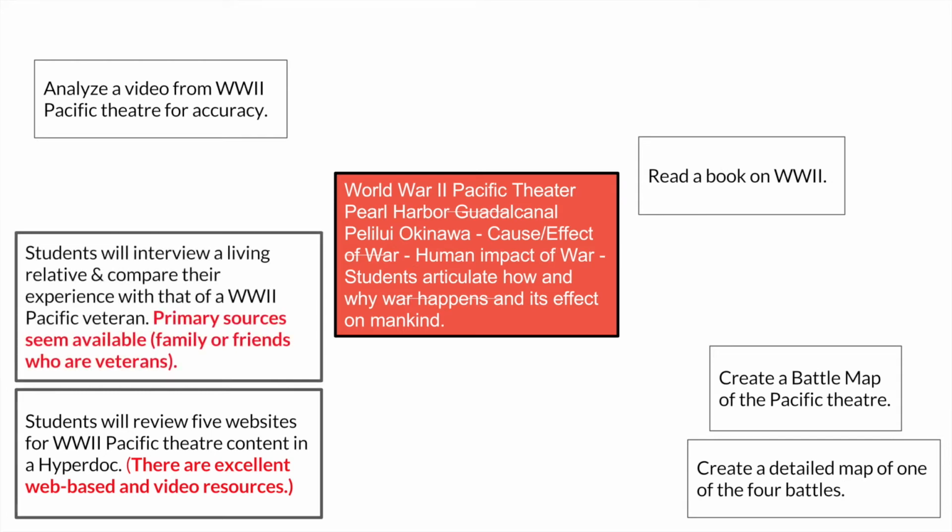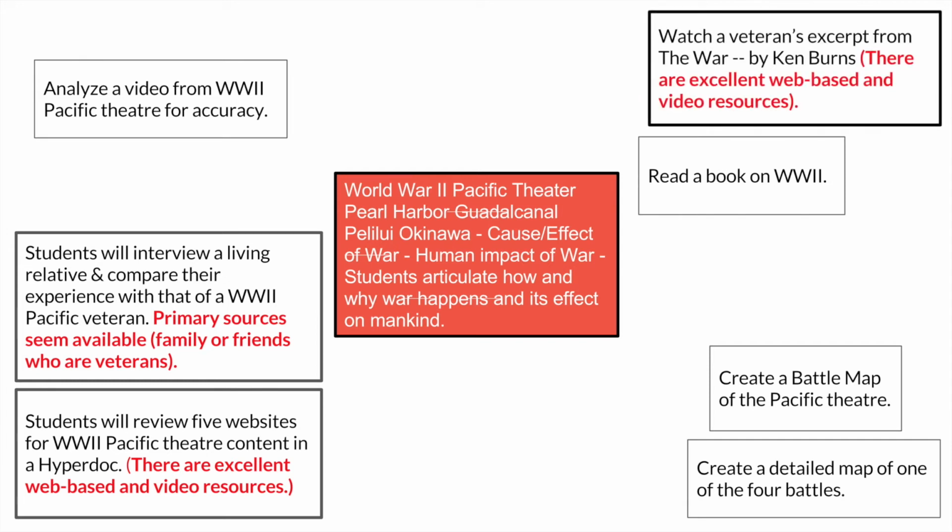Students will interview a living veteran, preferably a relative or friend, and compare experiences with those of a World War II Pacific Theater veteran they will learn about in Excerpts from the War, a video by Ken Burns, and the book that will be read, which will now be about a World War II veteran. These activities will need some details worked out in the planning stages.